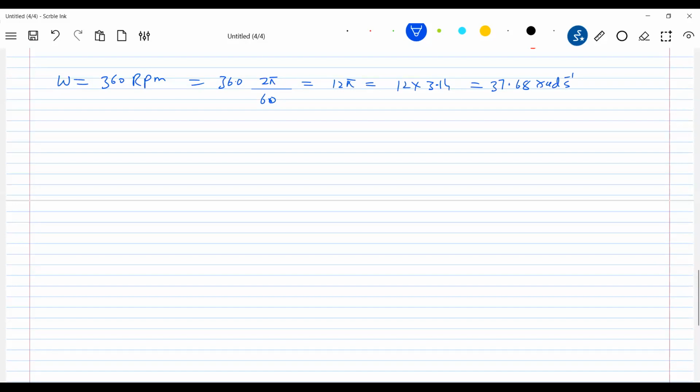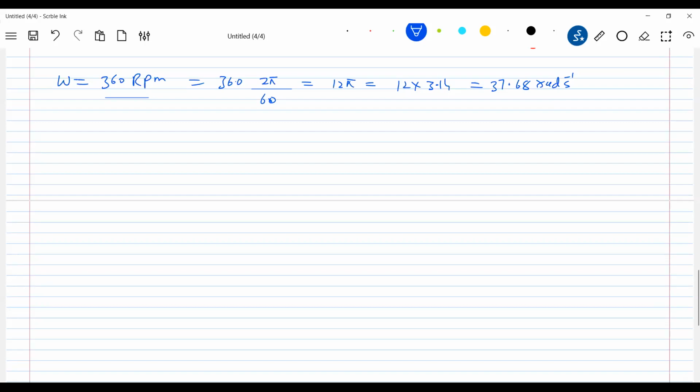Tell me, which will give better information, 360 RPM or 37.68 radians per second? Definitely, I prefer this one. So in 1 second, what will happen? It will have an angular displacement of 37.68 radians. If you convert this further into degrees, you'll get a still better picture.